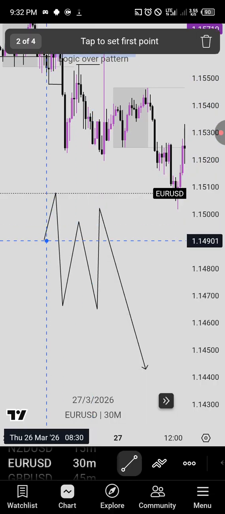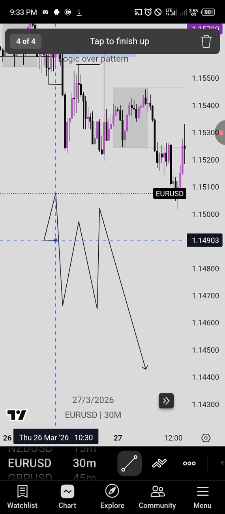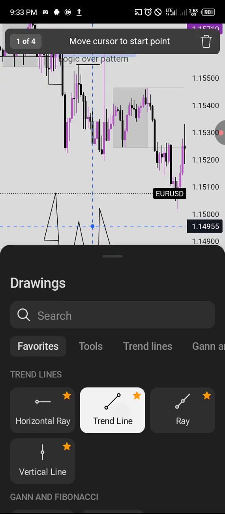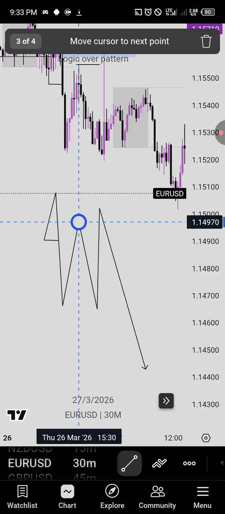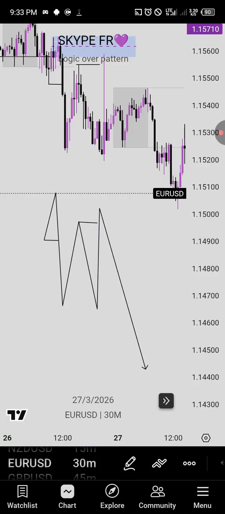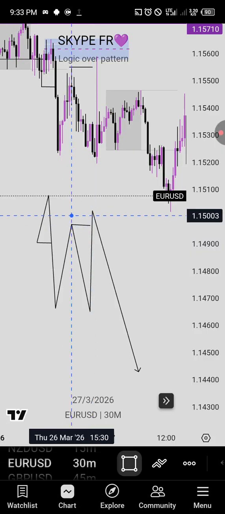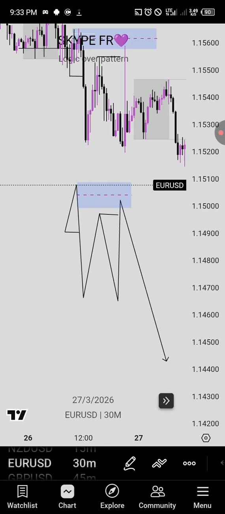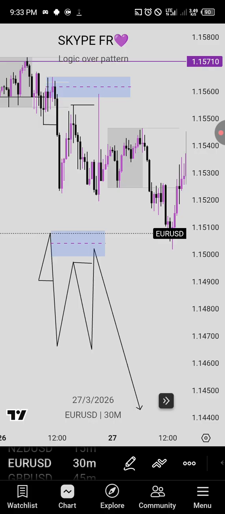This is it, the breaker structure. Inducement, our order block or breaker block. So that's simply what we have here.